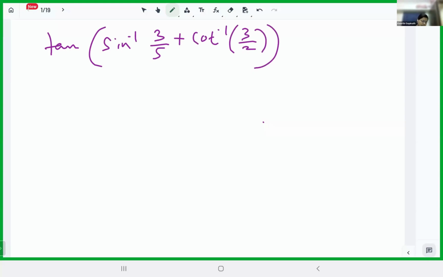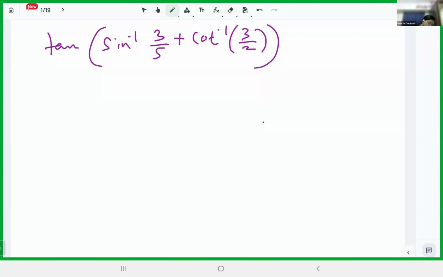Here can we apply an identity? No, right. So we have to find out the values of sine x as well as cos x. Here it is given as sine inverse of 3 by 5 and cot inverse of 3 by 2. They are not standard values of sine and cot, right? So we have to find another way to solve this problem.